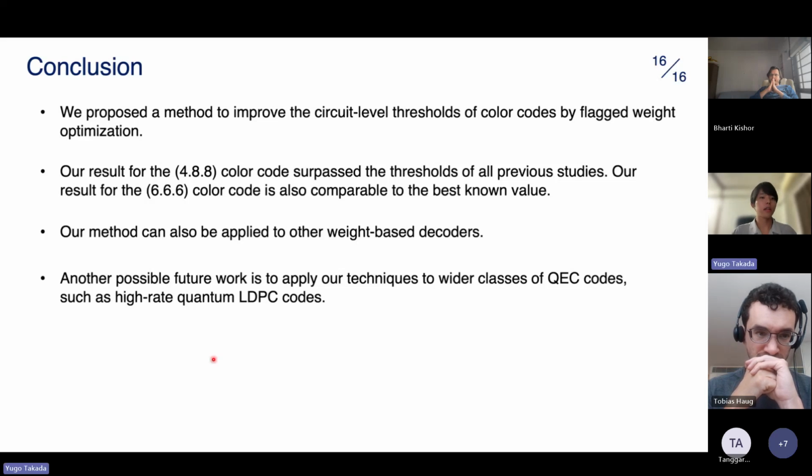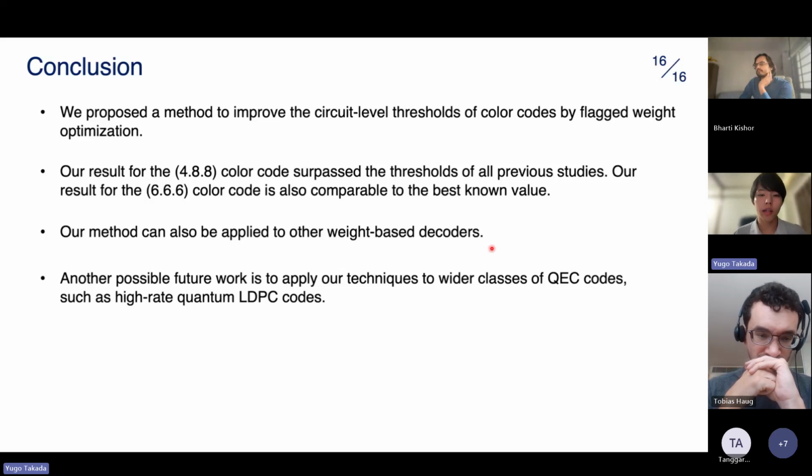In this study, we used an integer programming decoder just to compare the result between my proposed method and the conventional method. But it doesn't mean we cannot use other decoders. Our method can also be applied to other weight-based decoders.